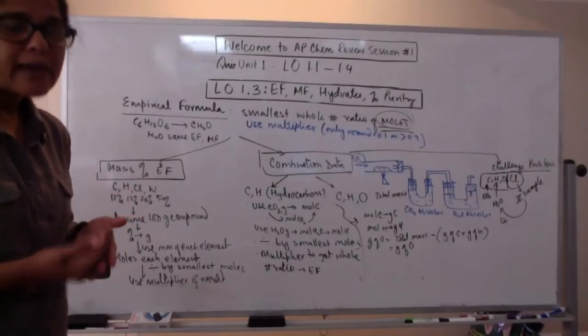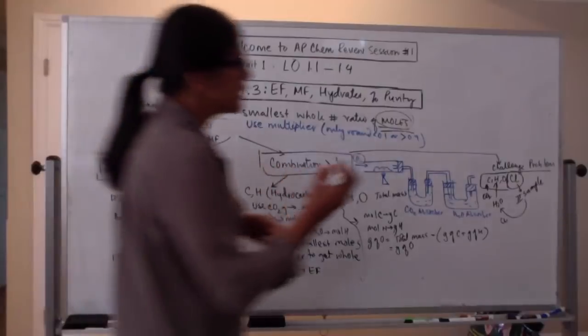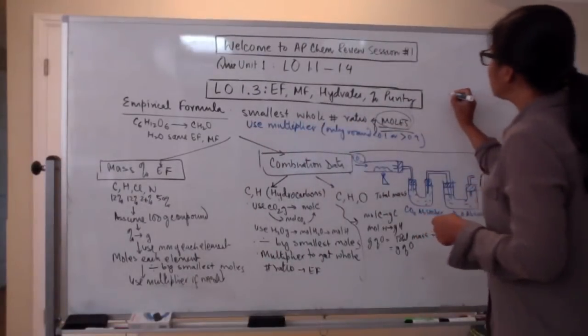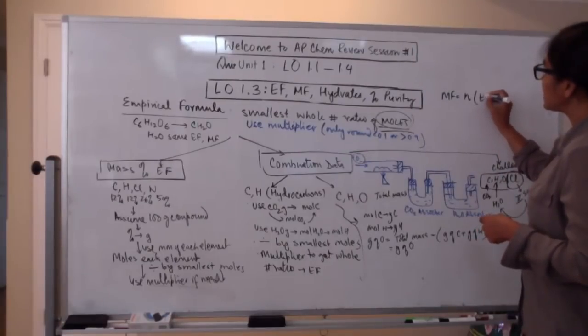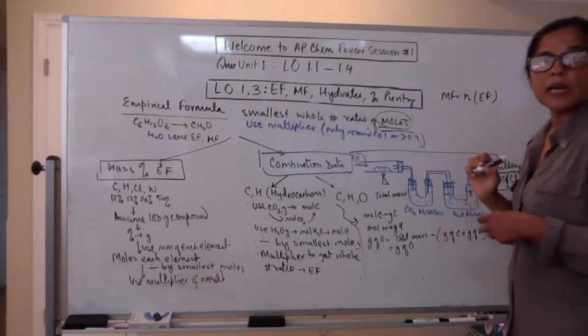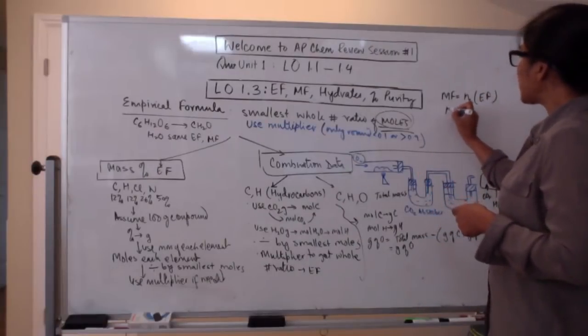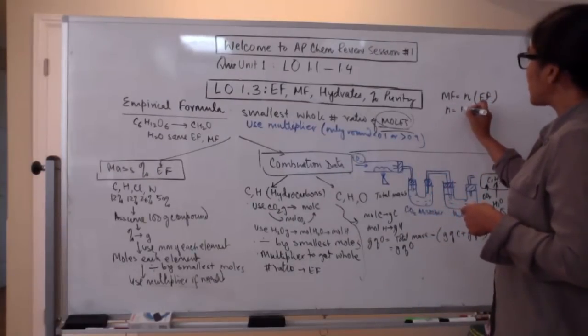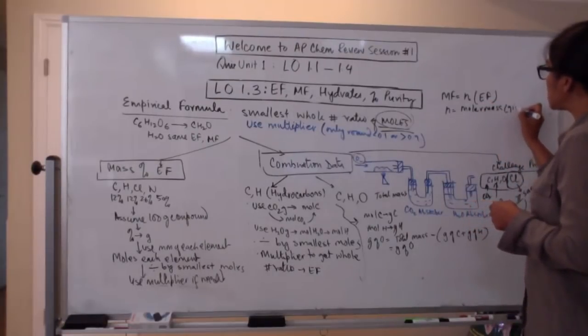If the molecular formula is needed, they will give you the molar mass in that case. To get the molecular formula, you need a small multiplier and multiply the empirical formula by that. And to get this multiplier, you use the molar mass that will be given to you. Without this, you cannot do it.